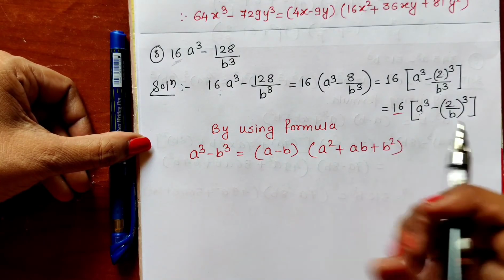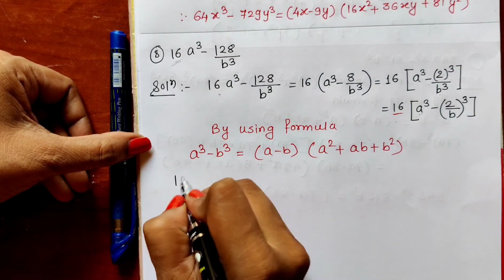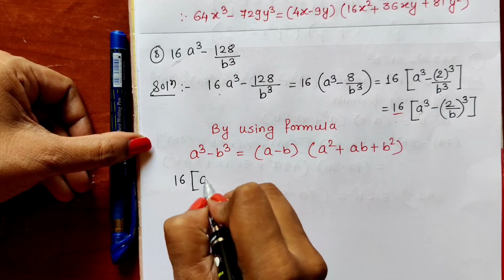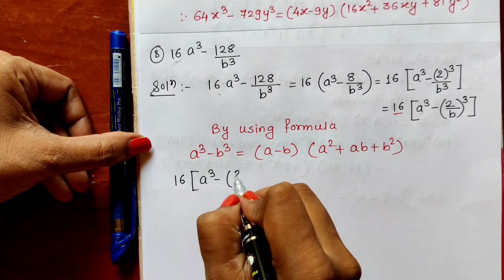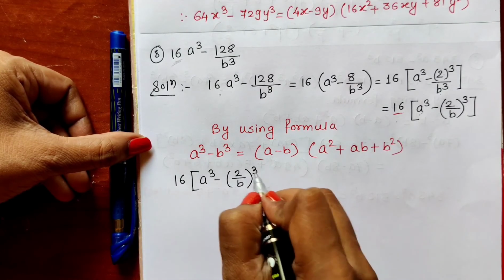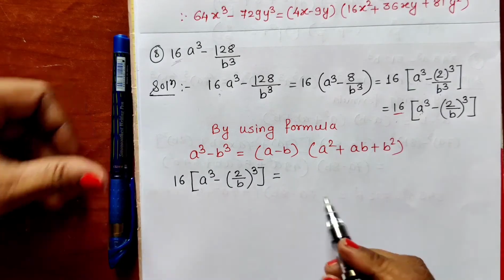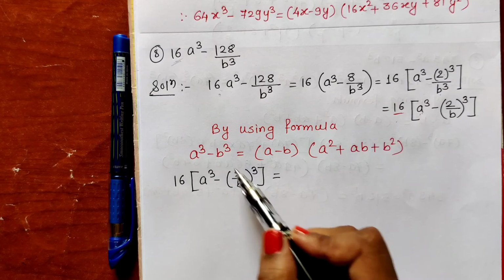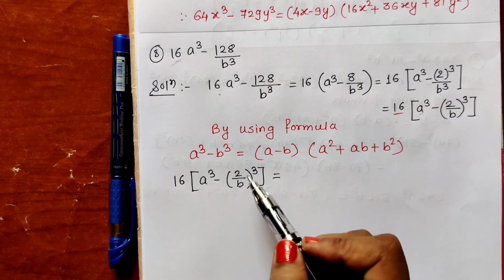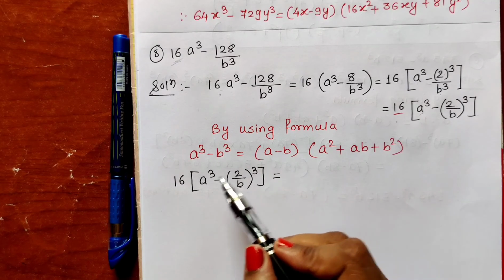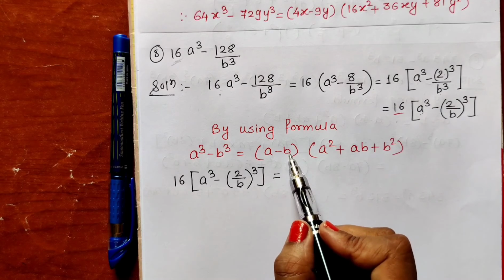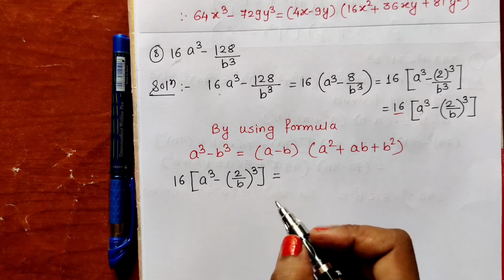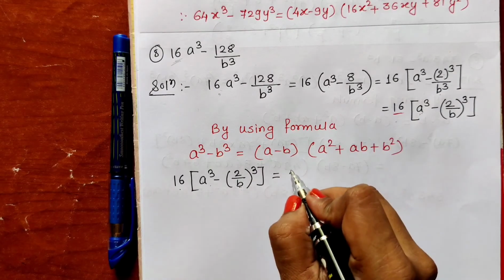Now we will write this expression: 16 outside, a cube minus 2 upon b whole cube is equal to. Now our a is a only, but b is 2 upon b. So in place of a we will write a only, but in place of b we will write 2 upon b. This 16 we keep on writing as it is.